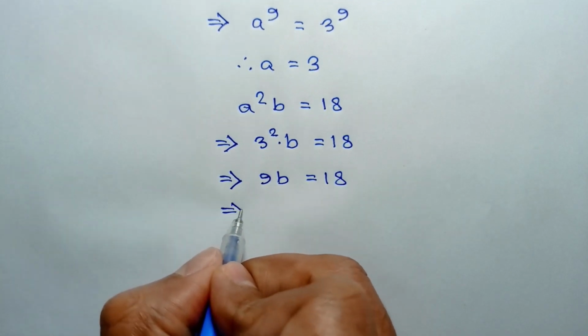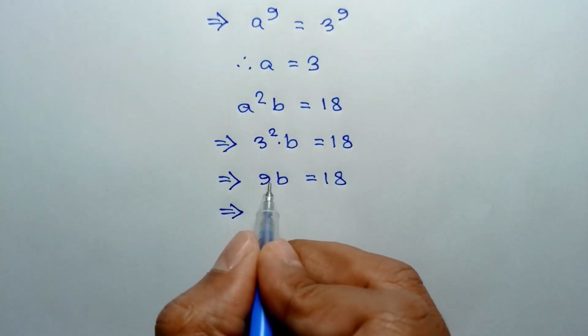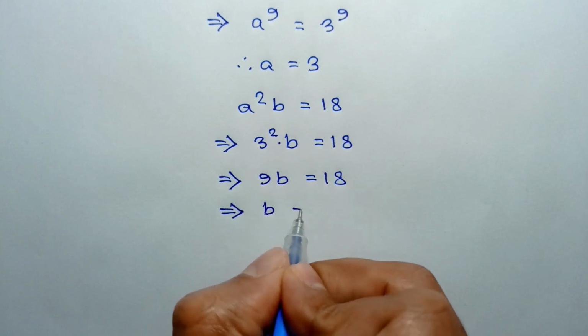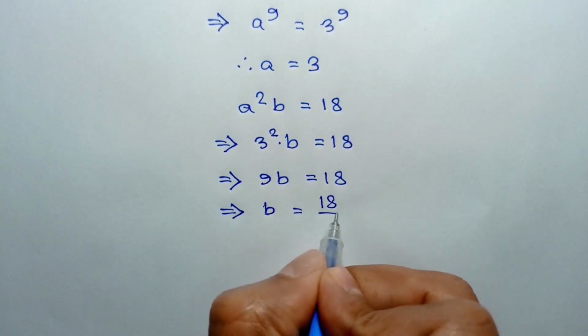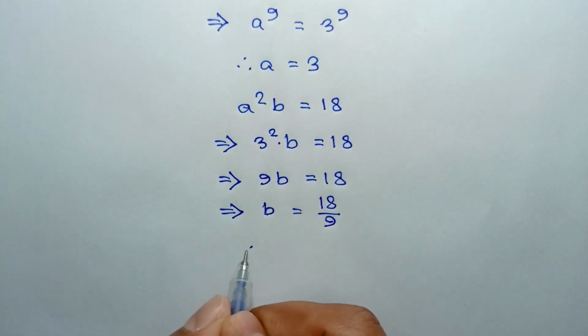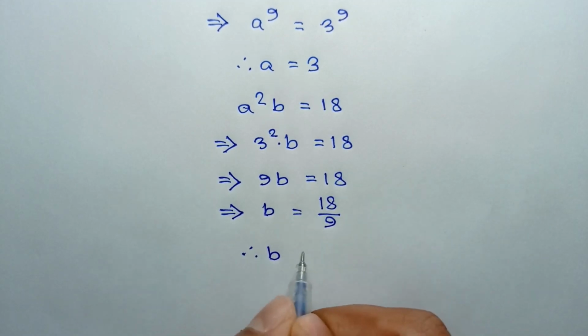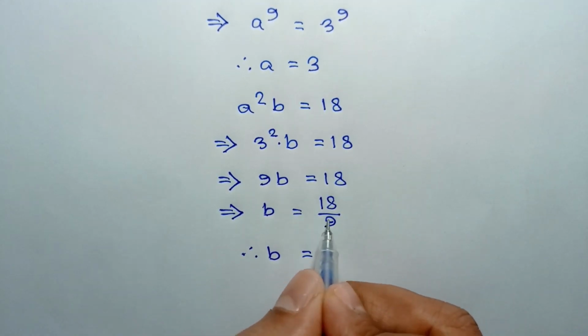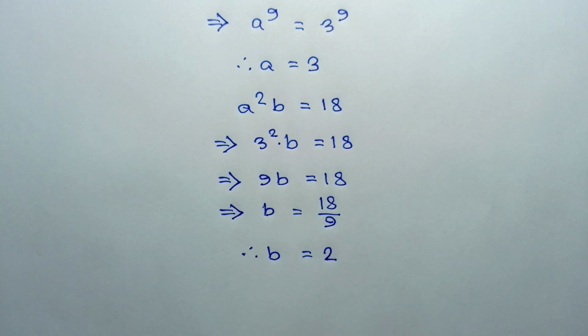Dividing both sides by 9, we can write b is equal to 18 over 9. So the value of b is 2.